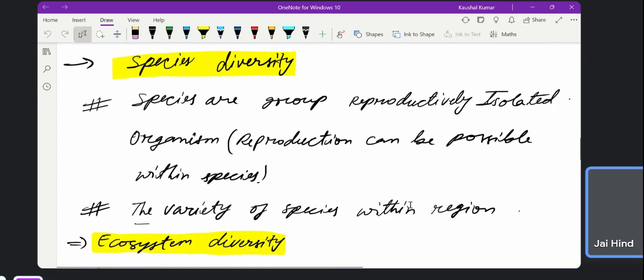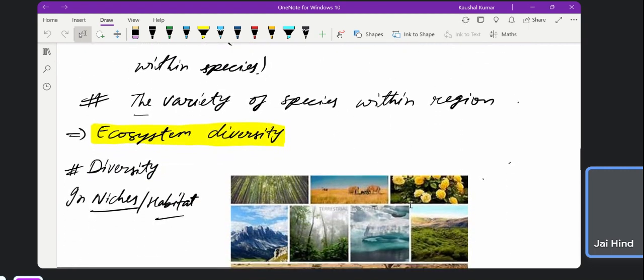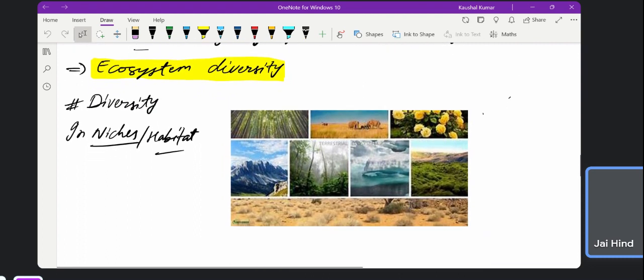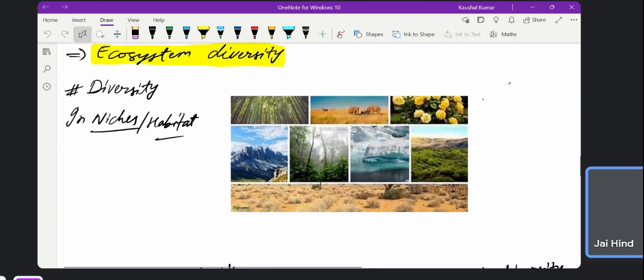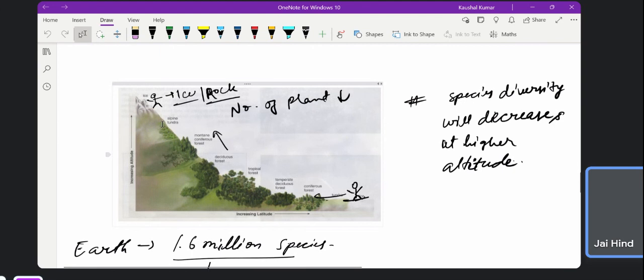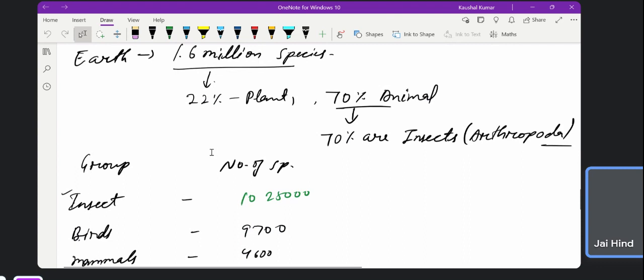One species cannot breed or reproduce with another species. Ecosystem diversity is in terms of niches or habitats, which differ according to the region of the earth. Another thing we found is altitude: as altitude increases, the farther you go above sea level, species richness decreases.